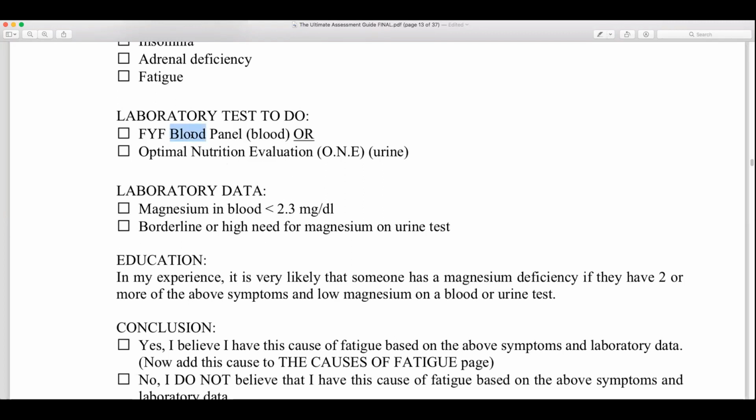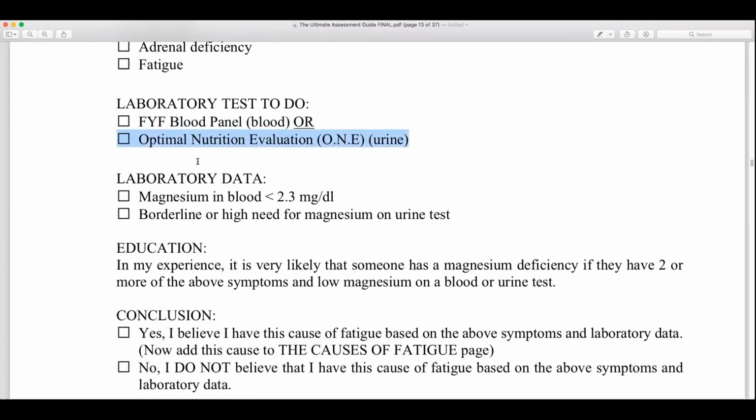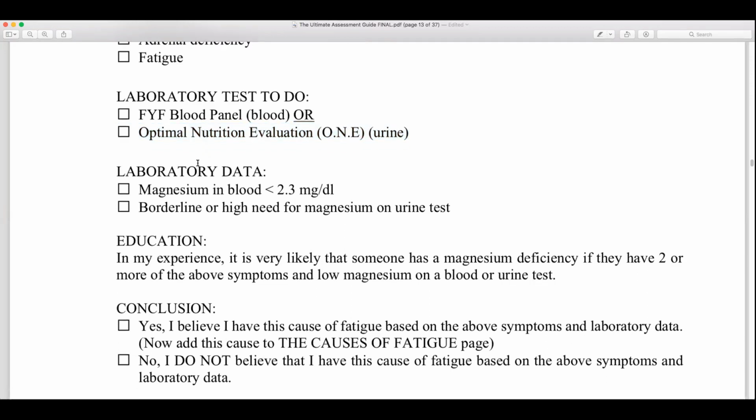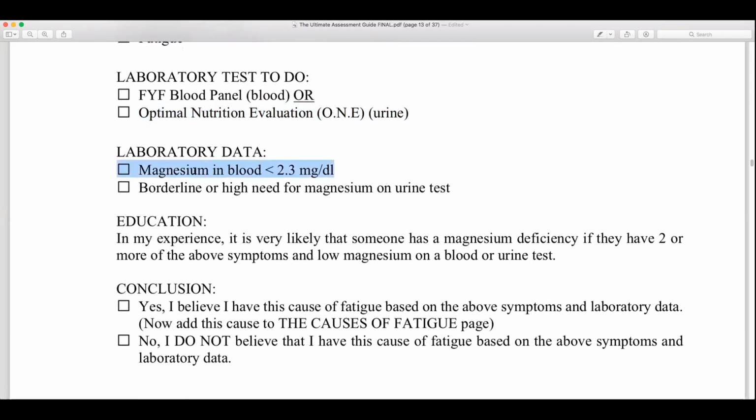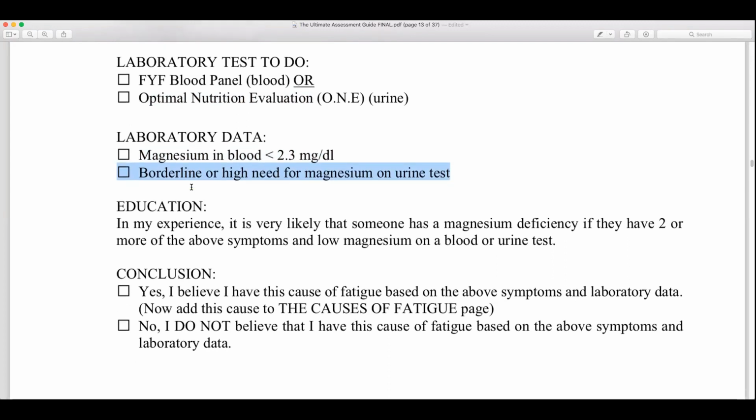So you can test in the blood panel, or you can test in the one urine test. And then the laboratory data in blood, less than 2.3 is considered abnormal. And on the urine test, it's borderline or called high need for magnesium.